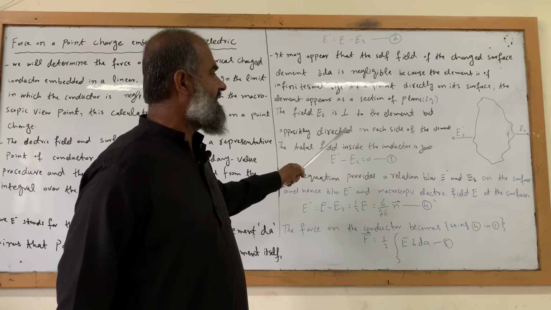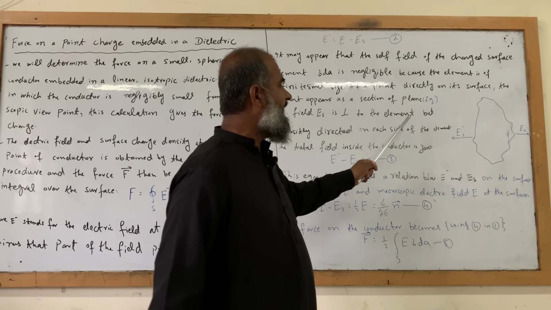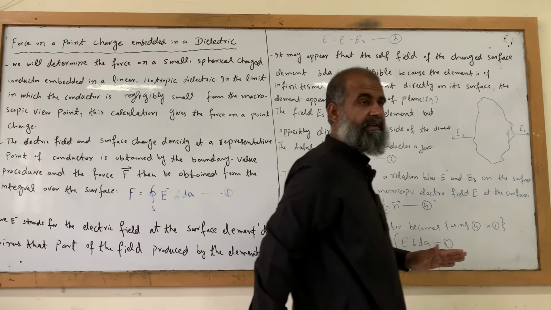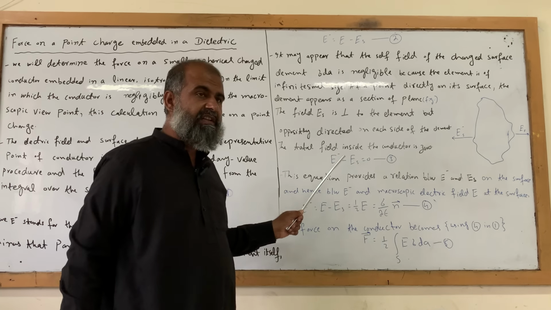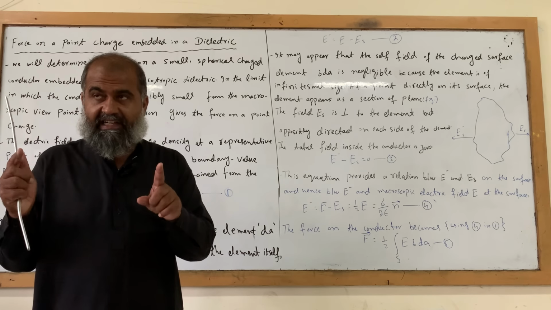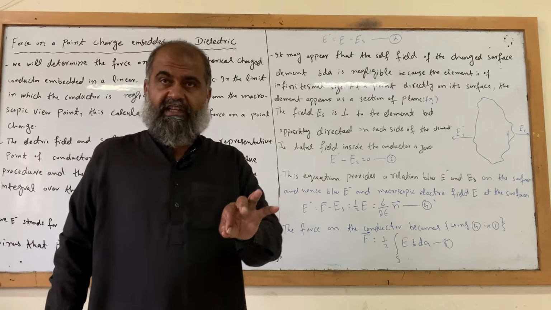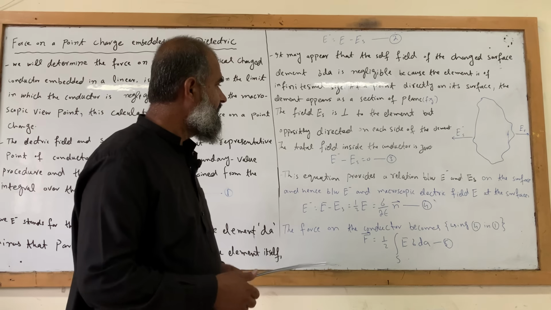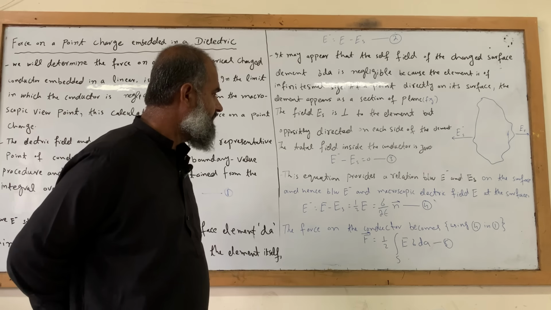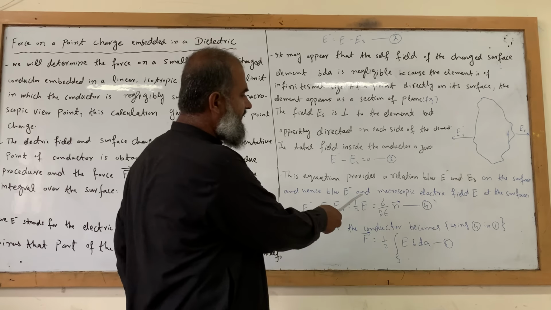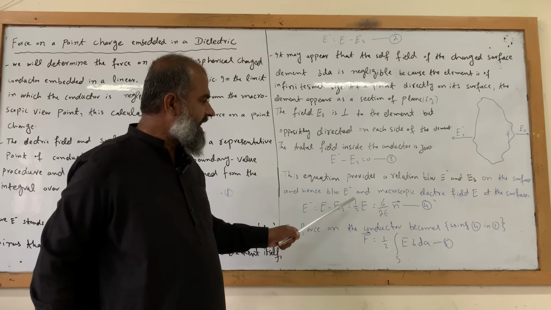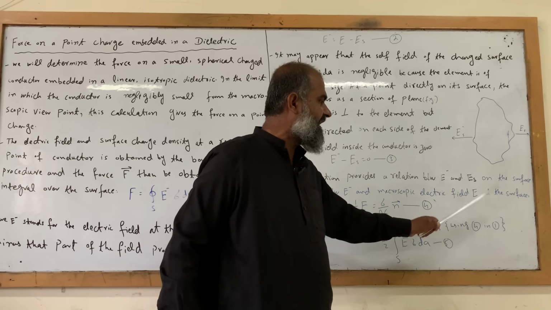The field ES is perpendicular to the element. If this is the element, then the electric field will be perpendicular to that element. The total field inside the conductor is 0. Not inside the dielectric, but inside the conductor, the total field is 0. Means E prime minus ES is equal to 0. This equation provides a relation between E prime and ES on the surface, and hence between E prime and the macroscopic electric field E at the surface.